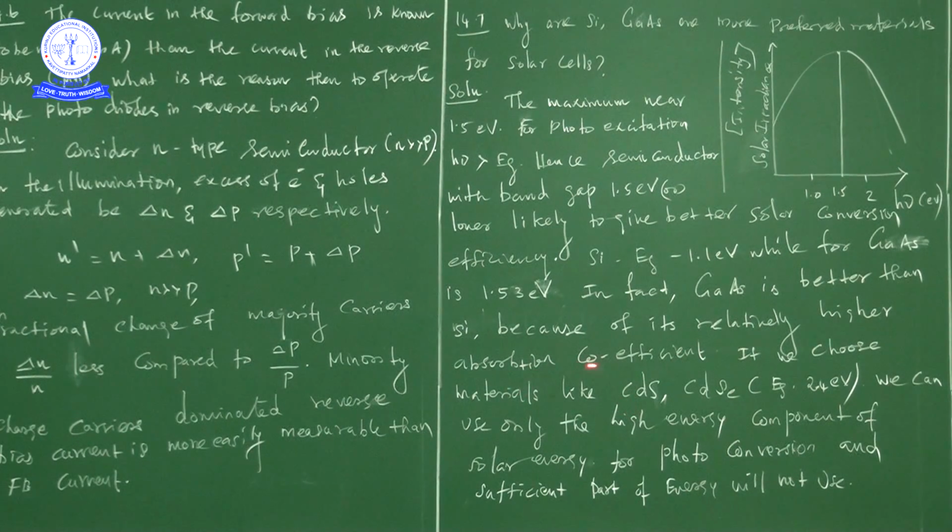A higher absorption coefficient means that when energy is incident on silicon and gallium arsenide, the energy absorbing capacity is maximum for gallium arsenide compared to silicon.